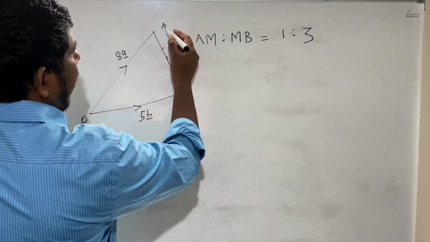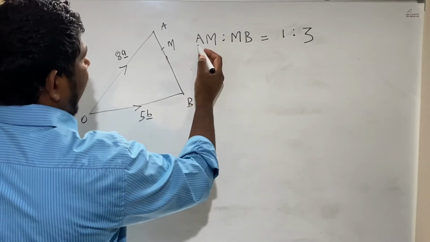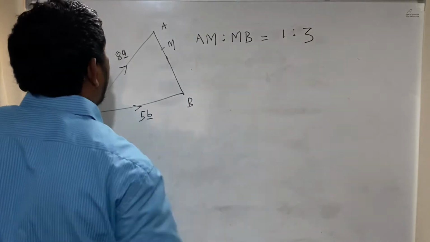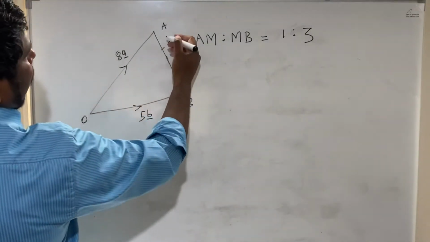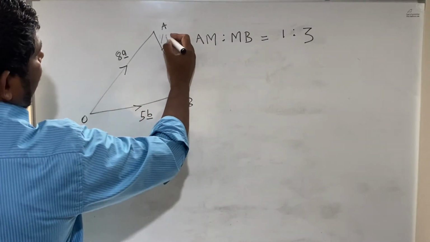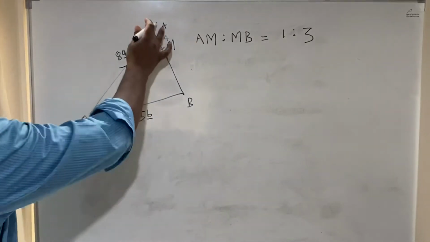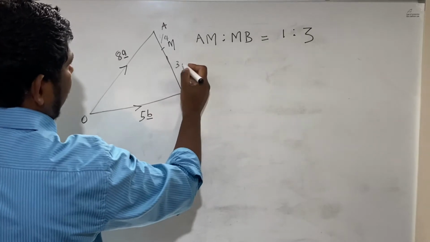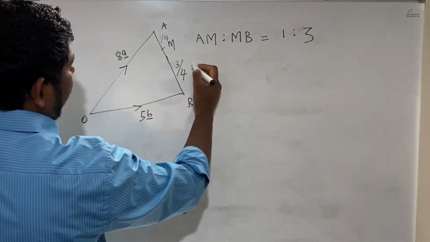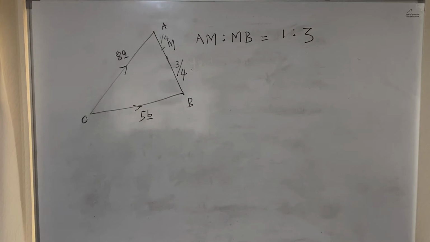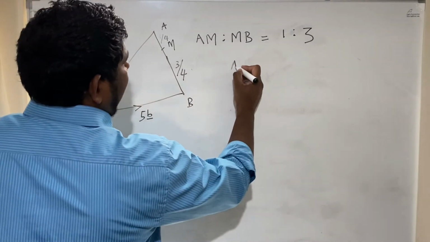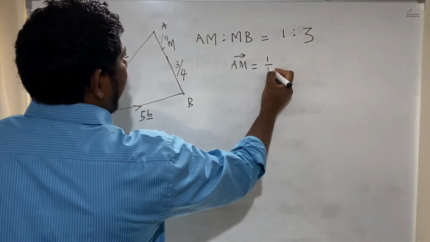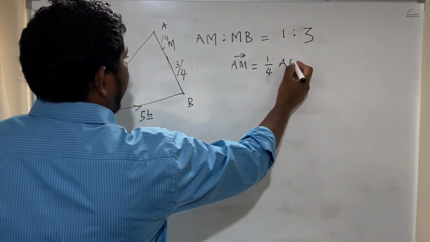Now we know A to M, the ratio of AM to MB is 1 and 3. So we know A to M is 1/4 of AB and MB is 3/4 of AB. Another way, vector AM is equal 1/4 of vector AB.